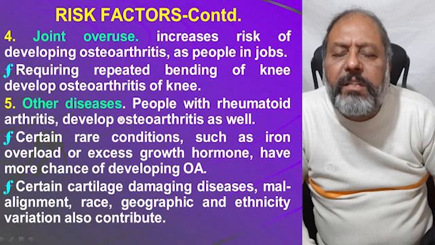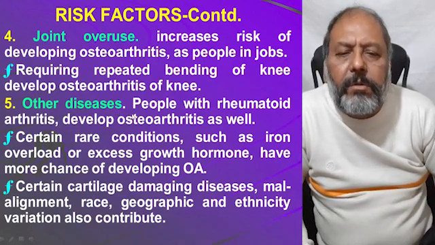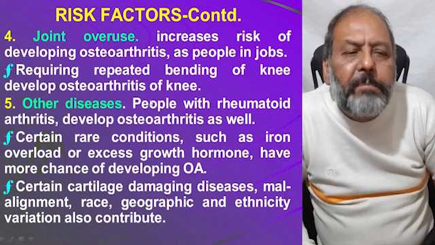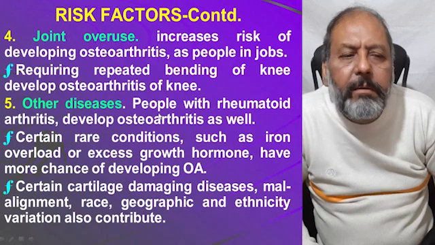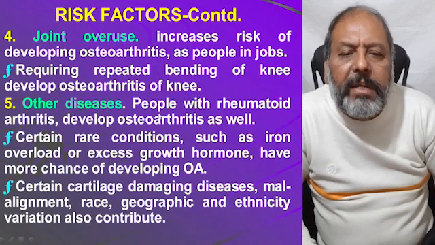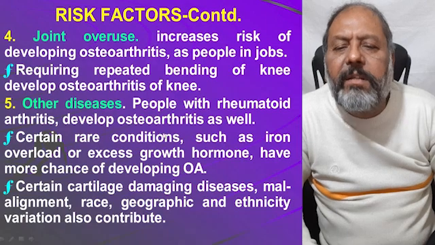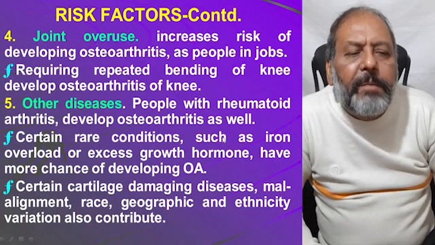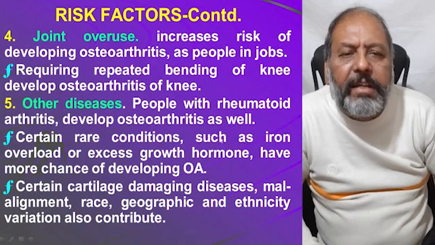Now, the fourth risk factor is joint overuse. There is increased risk of developing osteoarthritis in people with jobs which require repeated bending of the knee; they develop osteoarthritis of the knee. Then certain other diseases are the fifth risk factor: people with rheumatoid arthritis develop osteoarthritis as well.